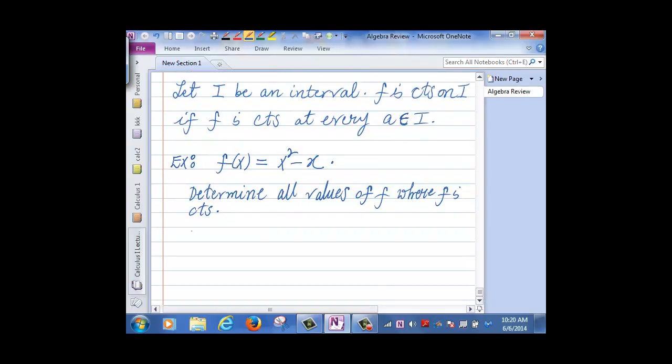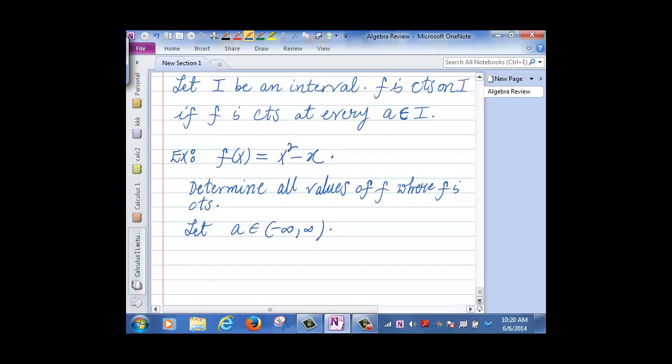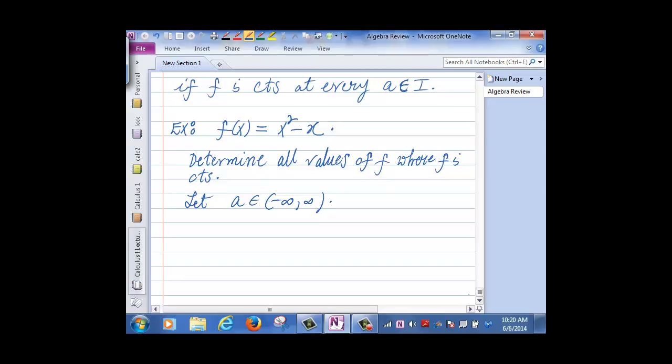Let A be any real number. Okay, so A is any real number. Then we know that this is a polynomial, right? So the first condition of continuity is satisfied, right? f of A is defined, right?